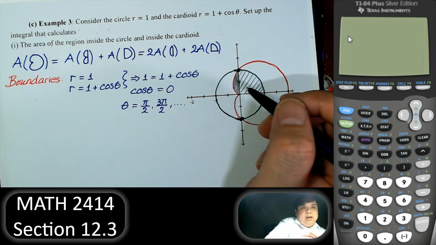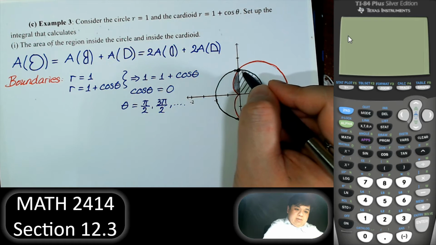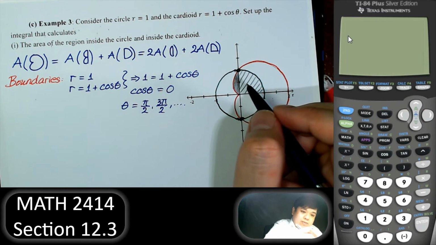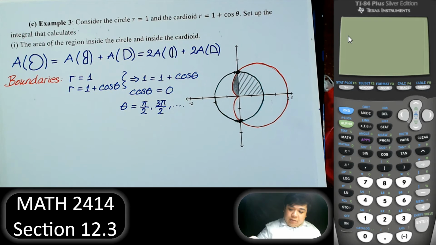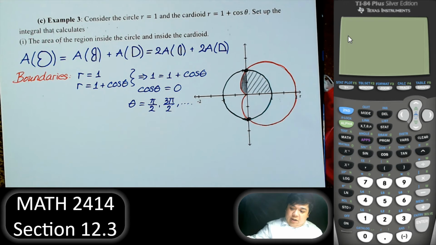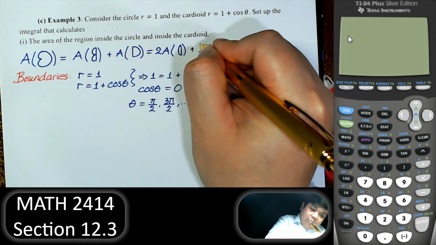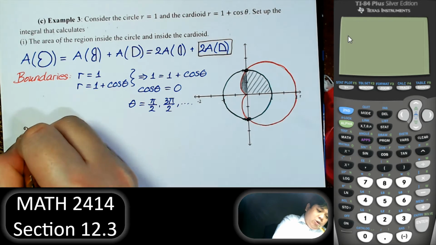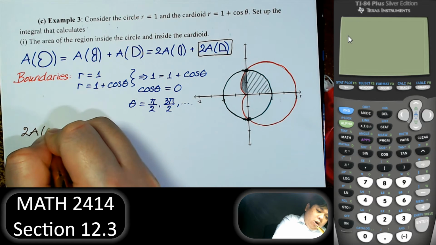By the way, let's set up the area of this quarter circle. First, let's look at this first: 2 times the area of the quarter of the circle.